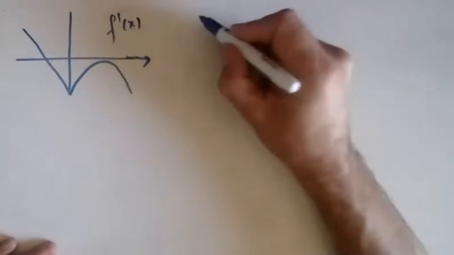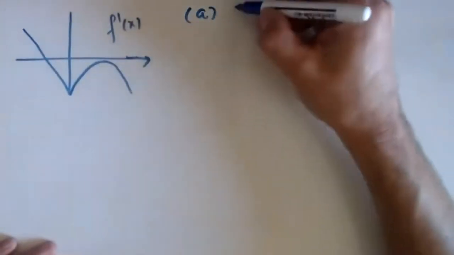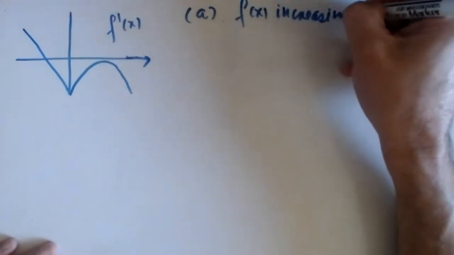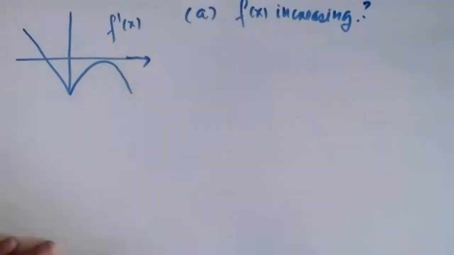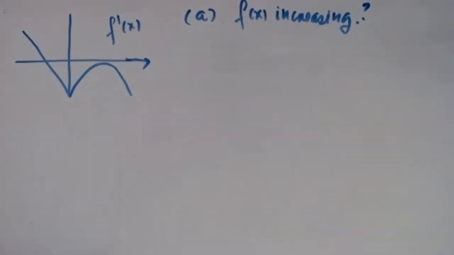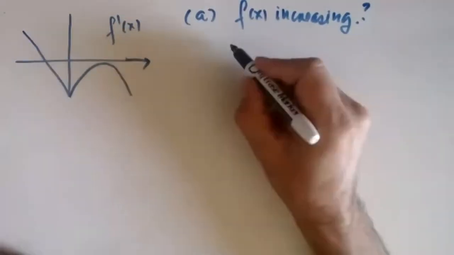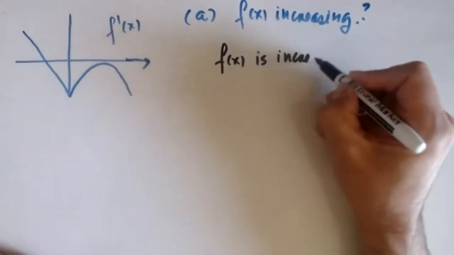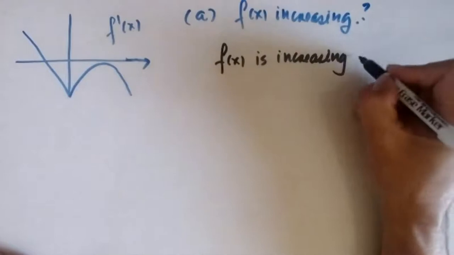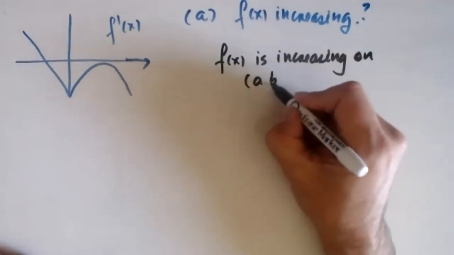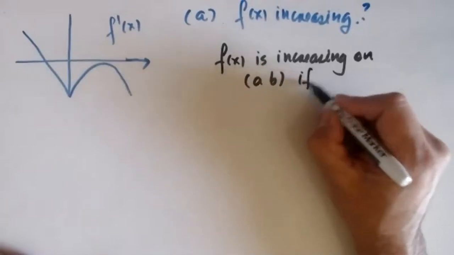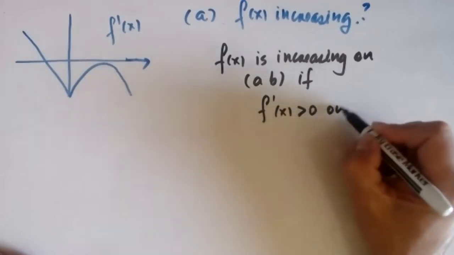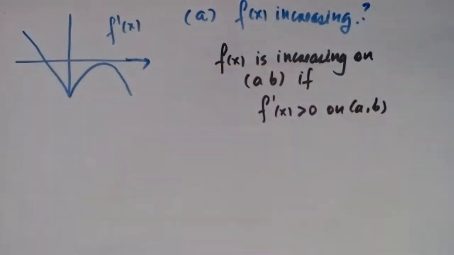Now the first question is, where is f of x increasing? Well, how do you know a function is increasing? f of x is increasing on an interval (a, b) if f prime of x is positive on every point in this interval.